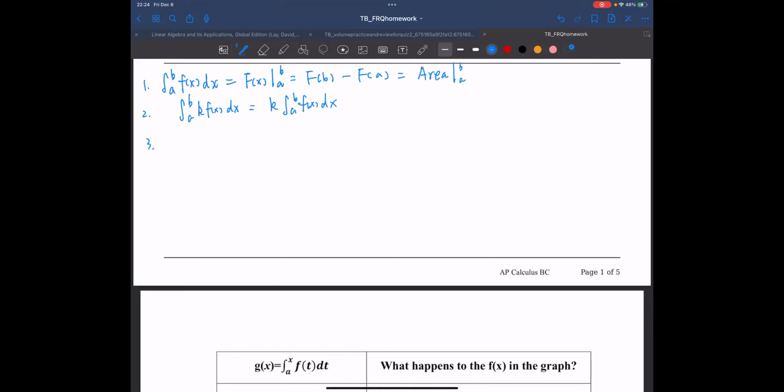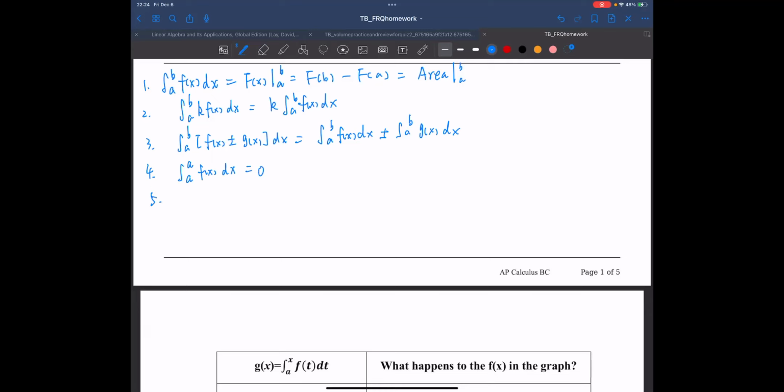Okay, and the sum and the difference, we can just break the integration into two parts. And something about the zero, if we have the same upper bound and the lower bound, we just write b as the lower bound a. Then no matter what kind of f of x is, the integration equals 0.